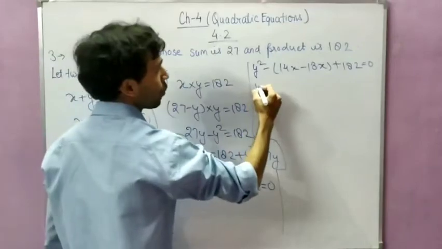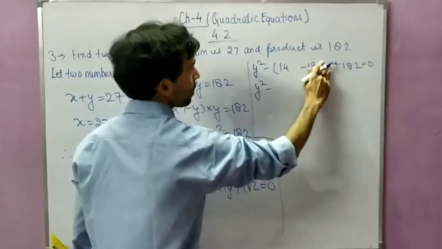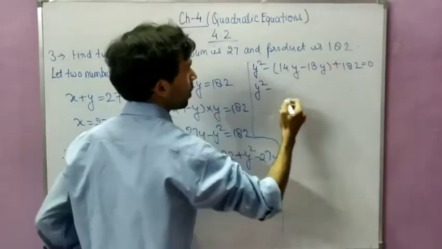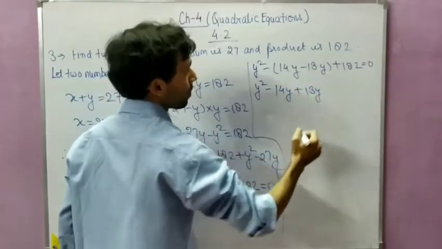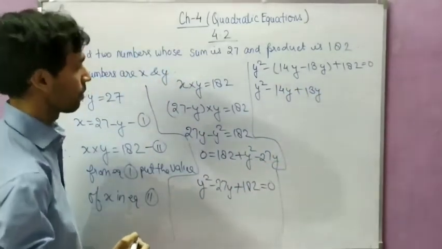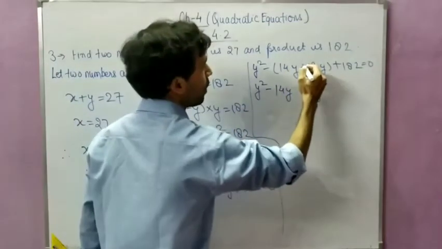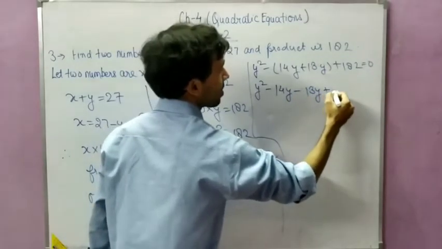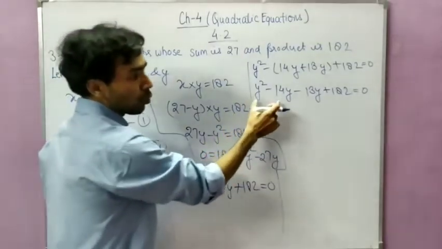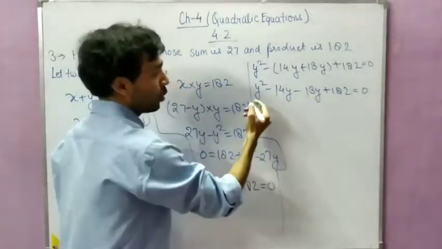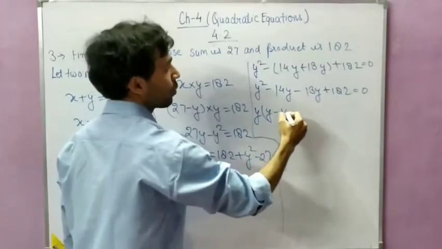Now open it. So y square minus 14y minus 13y plus 182 equal to 0. Now make two pairs. First pair is this, second pair is this. When you take common from the first pair, we take y as common, so we get y minus 14.